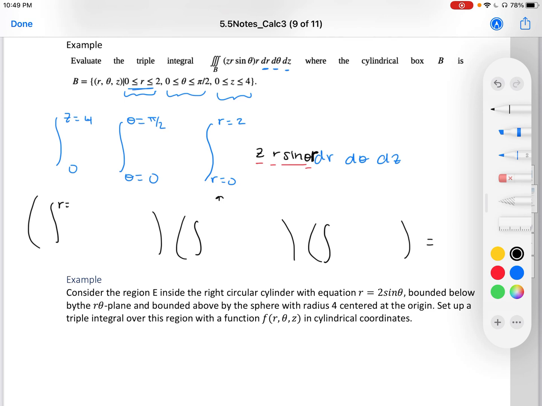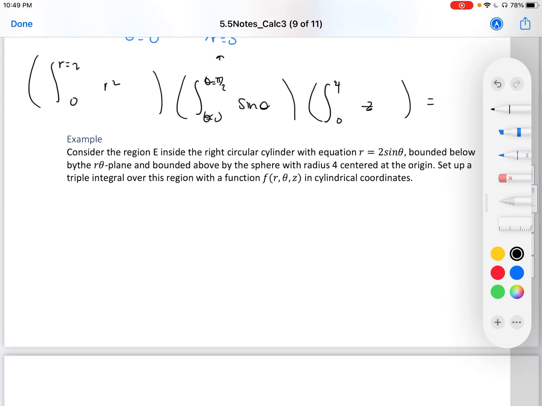R is from 2 to 0, and we have one r and another r, so that's r squared. Then we can do theta separately, from pi over 2 to 0, with sine theta. And lastly, z from 4 to 0. Whenever you can manage to split up your integrals, it makes it a lot easier to work with. I'll let you finish that one.